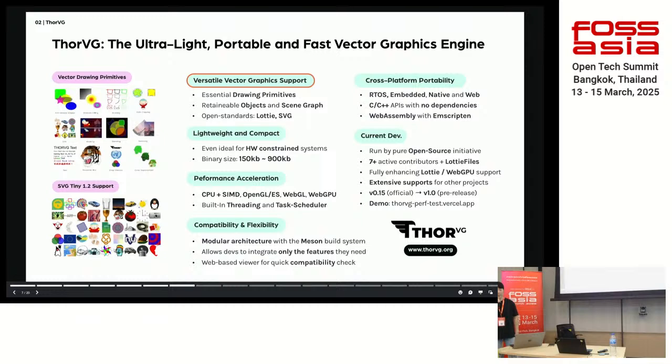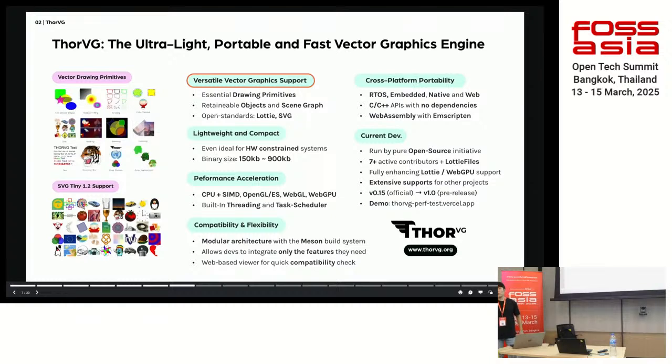Skia. While ThorVG supports the most essential vector drawing primitives such as line drawing, circle drawing, fill color, something like that, it also provides a retained-mode rendering with manageable drawing objects and a scene graph, which means that ThorVG actually handles much of the complex drawing process behind the scenes of applications.